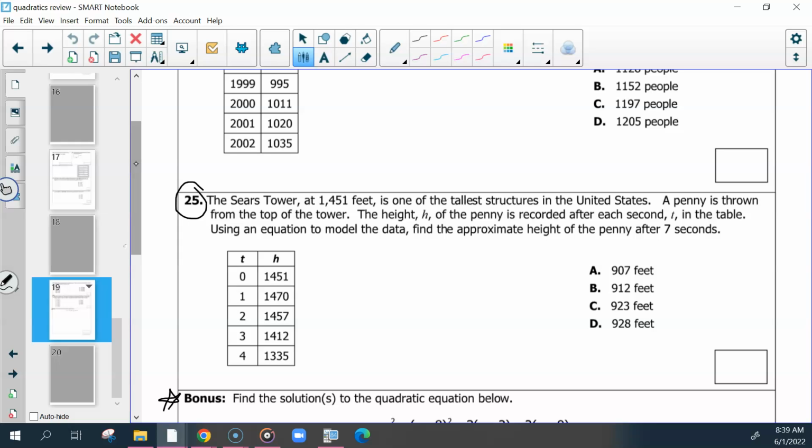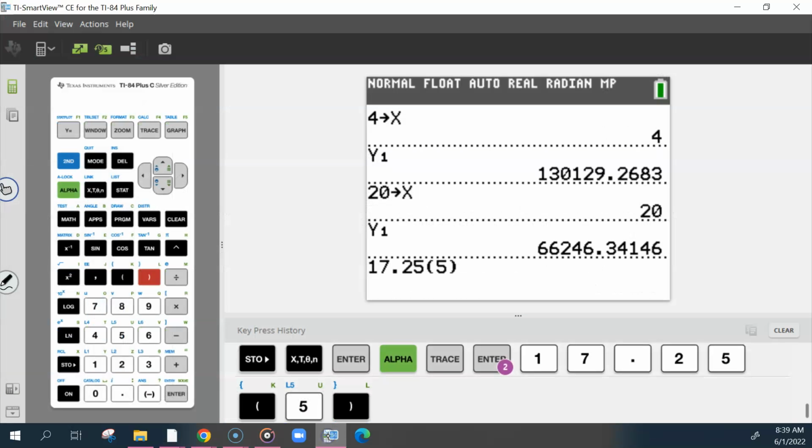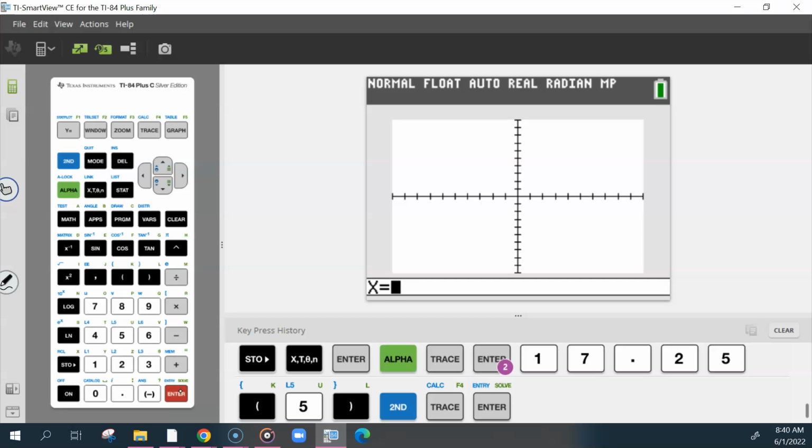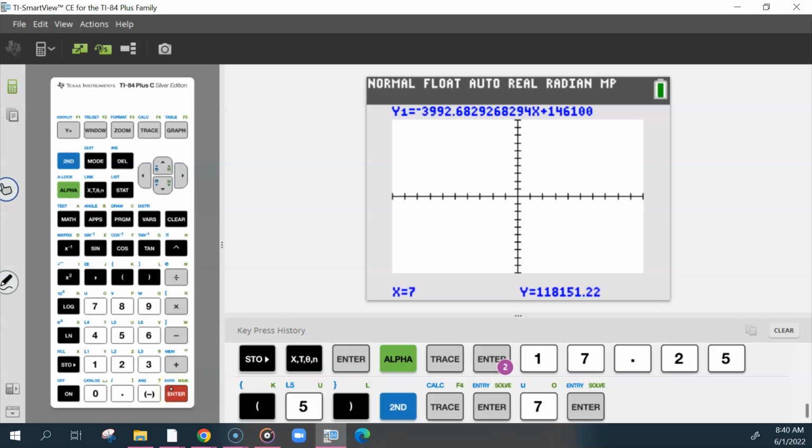But I'm in the process of writing this on everyone's thing on how to get the answer. Either by doing the store value or putting it into second trace, going into value. But you have to have something on the graph, otherwise it'll say error. So if I just put in when x equals 7, there must be something in here.